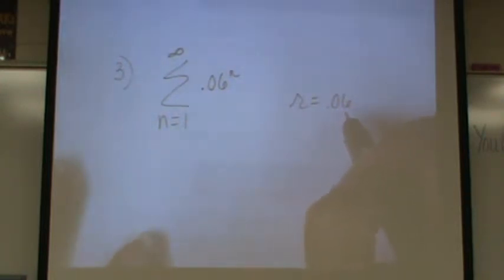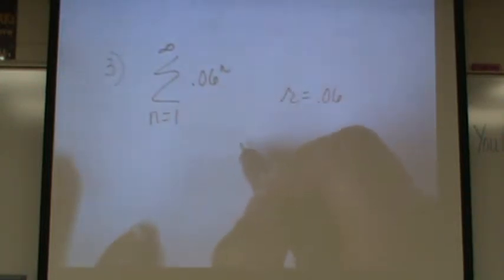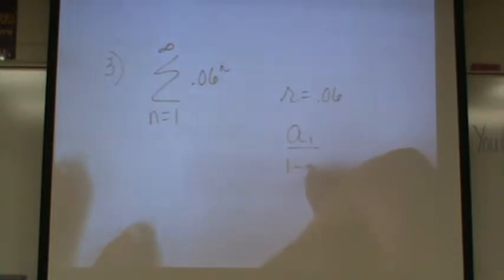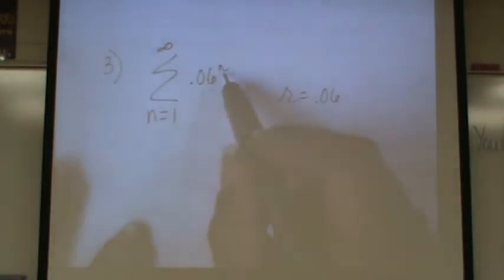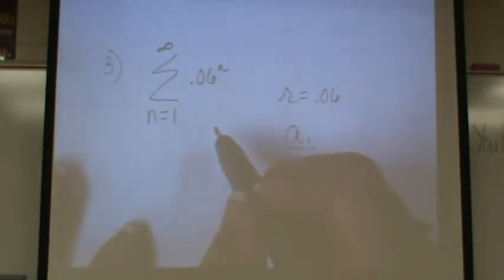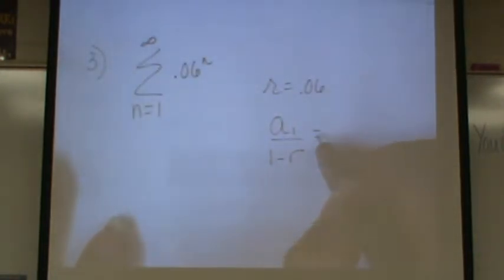Since this is less than 1, this also converges. So if it converges, you do a sub 1 over 1 minus r. Well, the first term is 0.06 if you were to plug in a 1 here. So you get 0.06 over 1 minus 0.06.